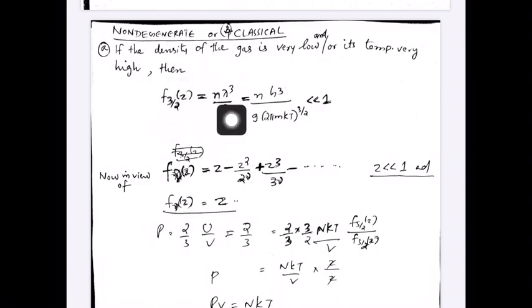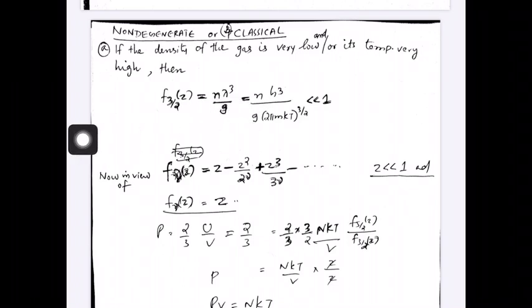So this can be written as a series: z minus z² by 2^{3/2} plus z³ by 3^{3/2}, like that. Since it is very small, it can be approximated by z.